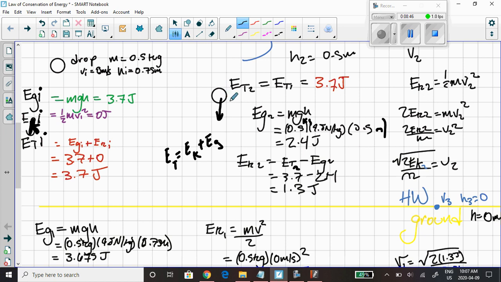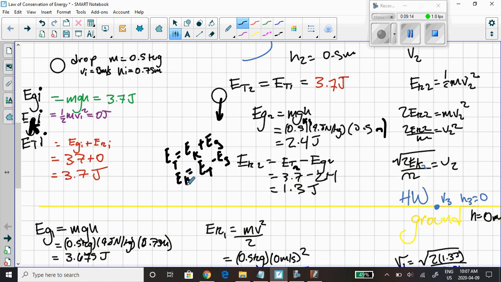It's moving downward, so it's going to have motion. It's going to have kinetic energy. Didn't have any kinetic energy here, but it does here. So all we have to do is rearrange that equation, right? Bring the EG over to the other side, and therefore it becomes negative, right?